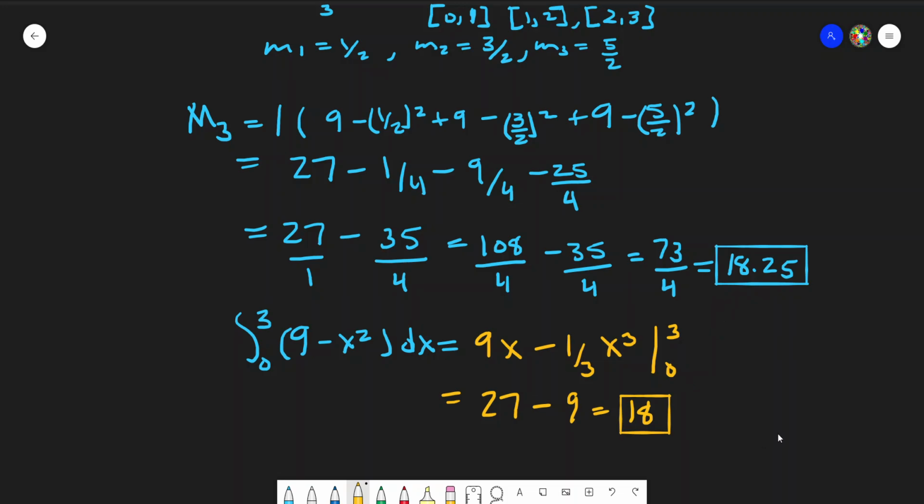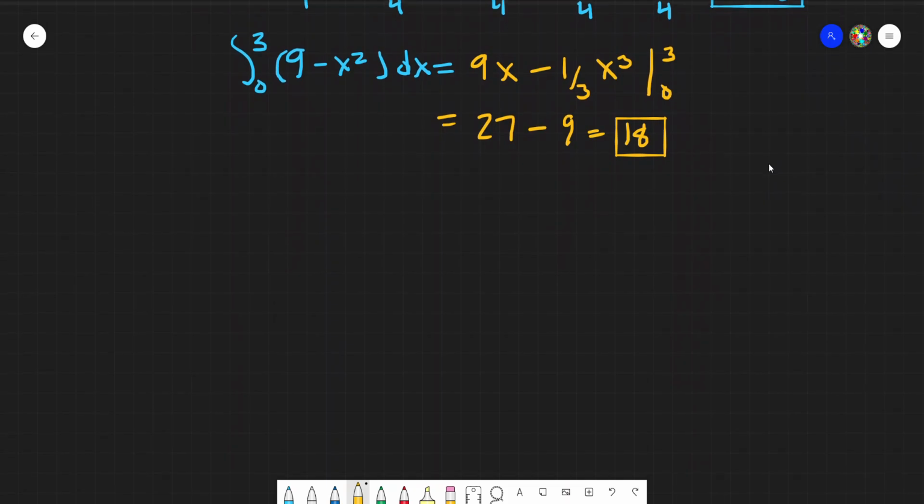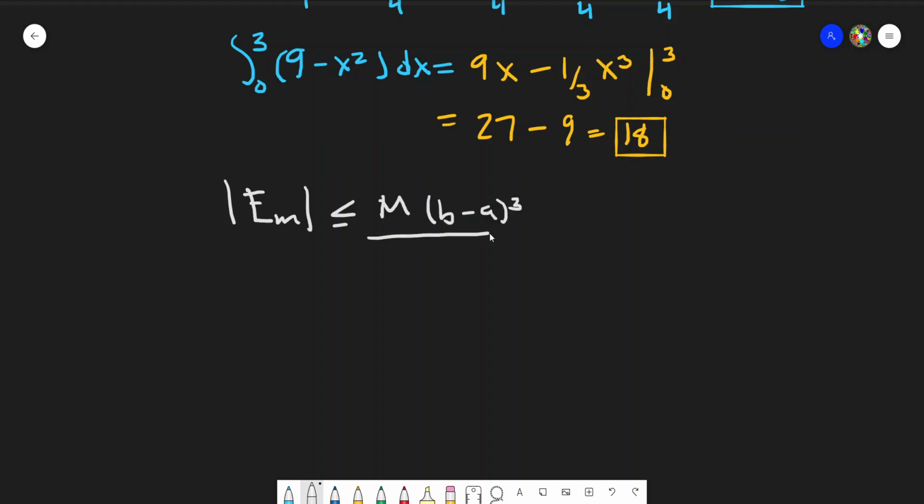Now, if we want to, we can estimate the error that we can have. For example, the error for the midpoint is given by the maximum, which I'll call M, times (b minus a) cubed divided by 24 n squared.